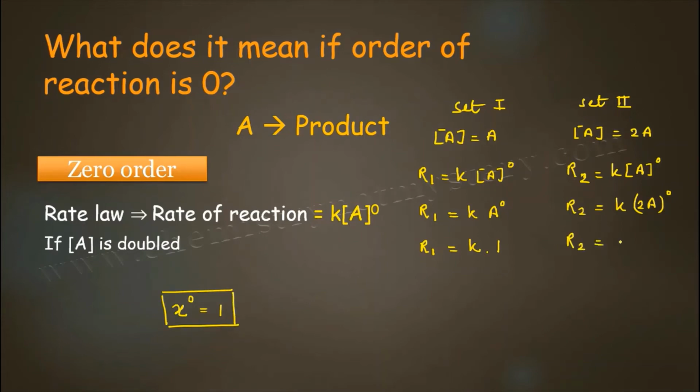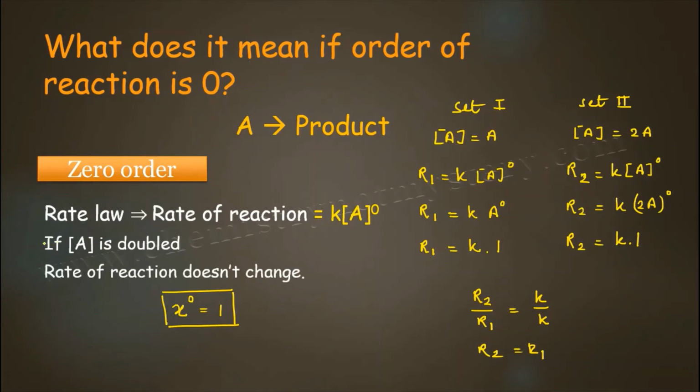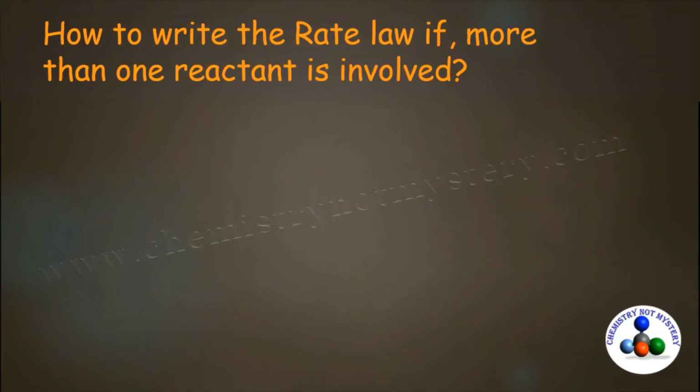So here you will get R2 is equal to K into 1. Now when you find the relation between R2 and R1, you can see R2 upon R1 is equal to K upon K. That means R2 is equal to R1. That means even on doubling the reactant concentration, the rate of reaction doesn't change in a zero order reaction.